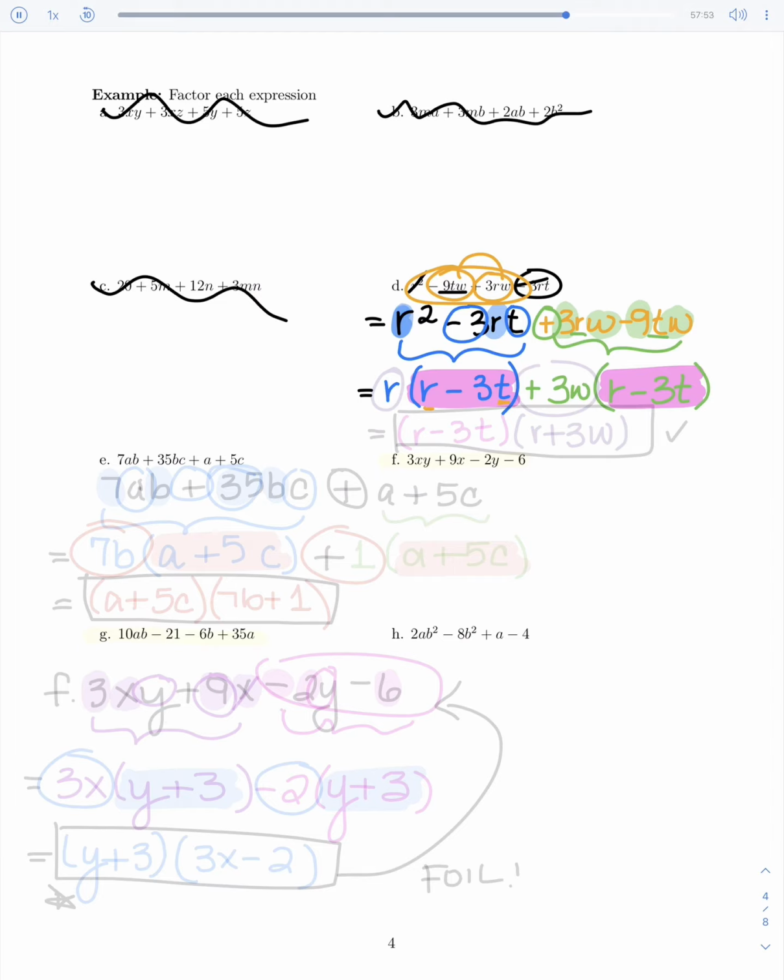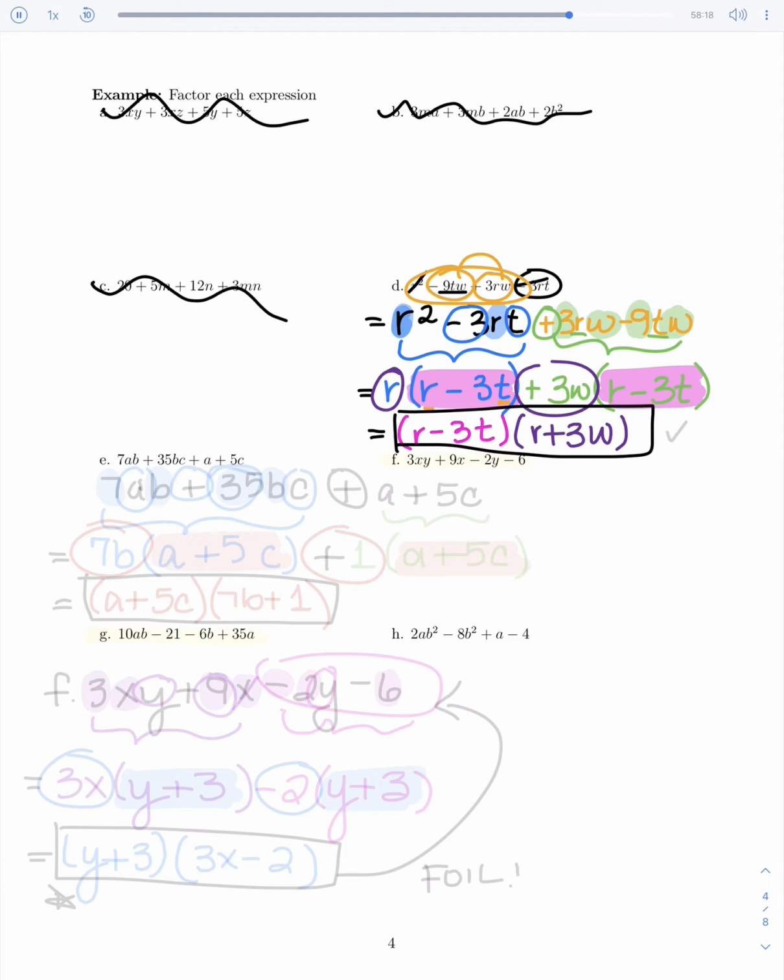So I can pull out my matching R minus 3T. The question is, what's going to be left over in another set of parentheses now? Well, what's left over after I pull out the R minus 3T from both is an R plus 3W. And what we got last time was the exact same thing, but in the reverse order.